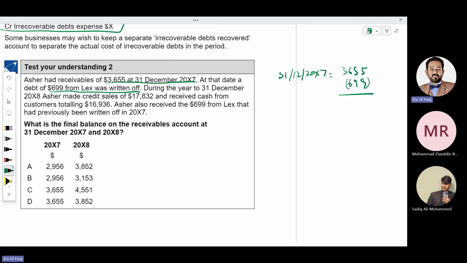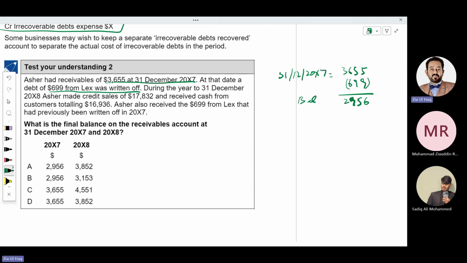How much? 3655 minus 699. 2956. So this is balance carried down for 20x7 and brought down for 20x8.